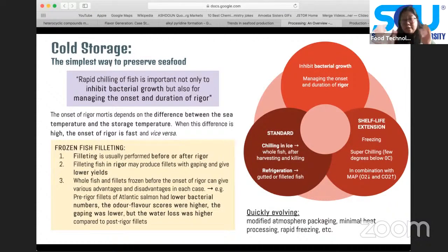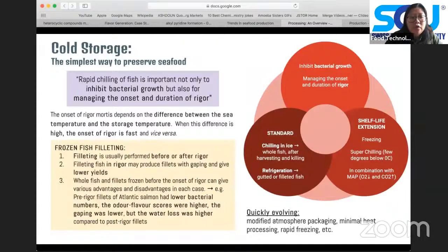The technology of this cold storage is quickly evolving. For example, the application of modified atmosphere packaging, the minimal heat processing, the rapid freezing, and so on. So I hope you keep up to date with this cold storage technology.